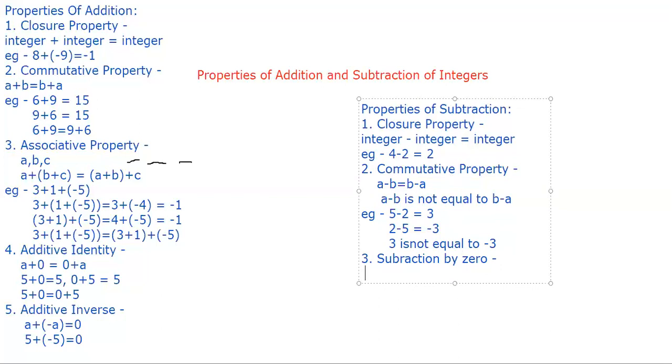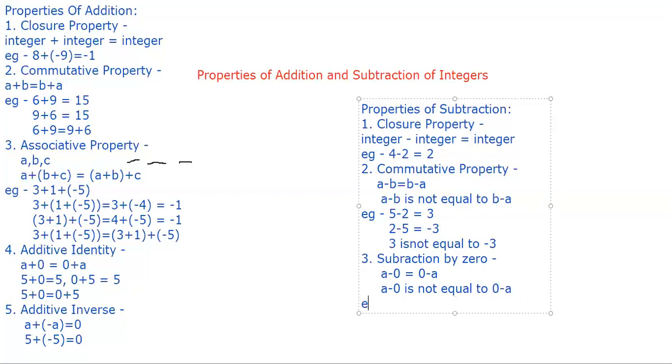If I write a minus 0 is equal to 0 minus a, this will be wrong. What I am trying to tell you is that a minus 0 is not equal to 0 minus a. Now how to prove it?